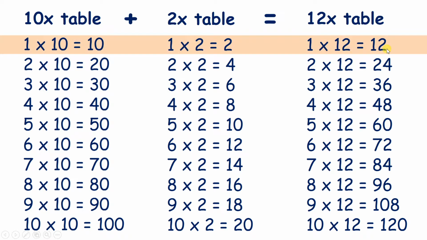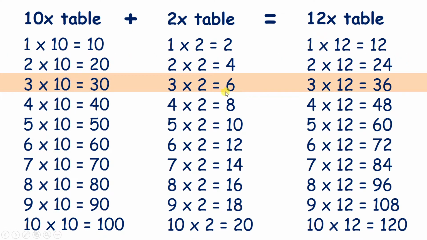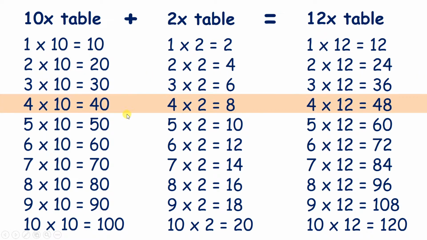So 1 times 12 is 12, because 10 plus 2 is 12. 2 times 12 is 24, because 20 plus 4 is 24. 30 plus 6 is 36, so 3 times 12 is 36. 40 plus 8 is 48, so 4 times 12 is 48.